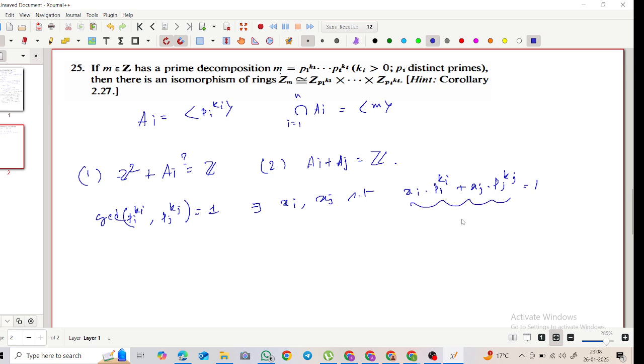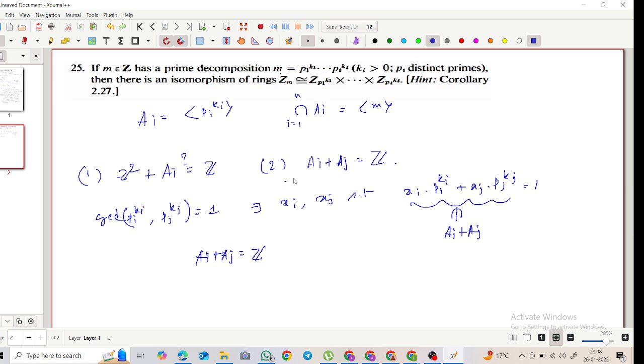But where does this element lie? This is inside Ai plus Aj. So 1 is inside Ai plus Aj. Thus Ai plus Aj is Z, the whole ring. So condition 2 is satisfied.